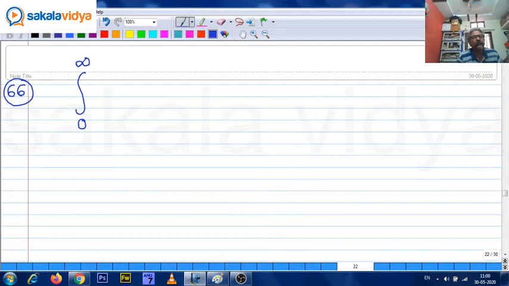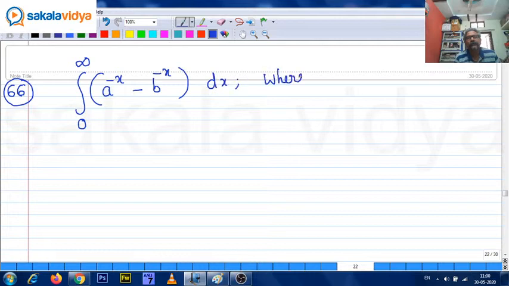Question 66. Integral 0 to infinity of (a power minus x minus b power minus x) dx, where a greater than 1, b greater than 1, equals to. First option, log ab.